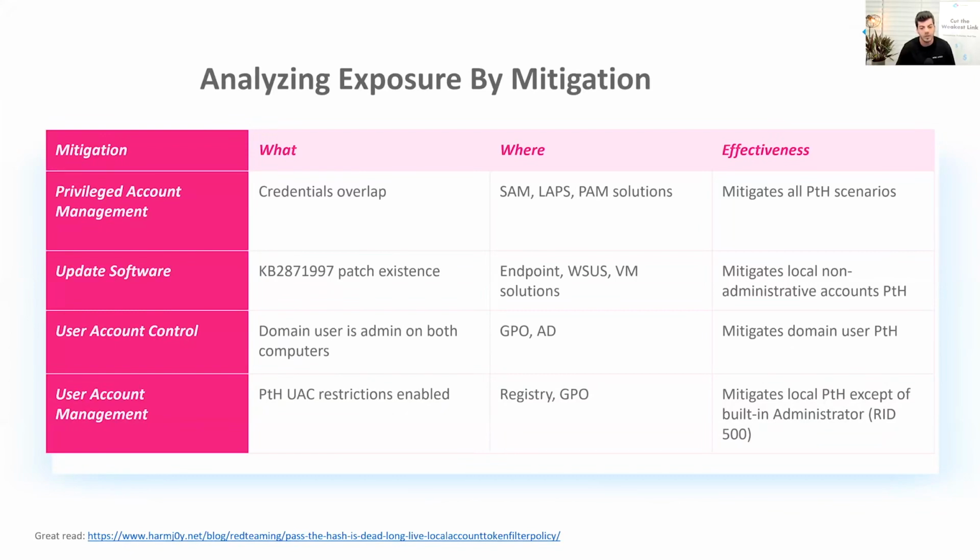So of course, if you have the capability to check if there is any type of credential overlap, the first mitigation, which is privileged account management, if you use LAPS or you have access to endpoints and check the registry, or whether you have a PAM solution that you can use to assess, this is the best mitigation that you could check and you could also enforce.